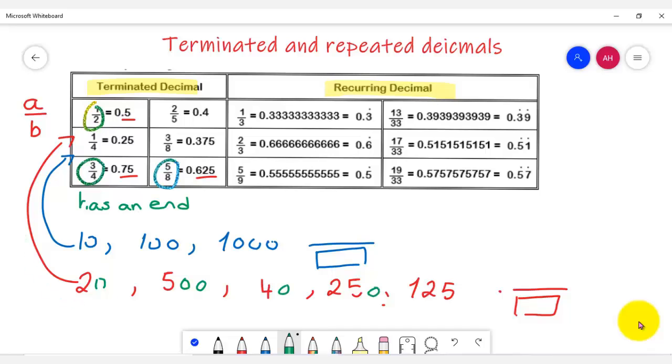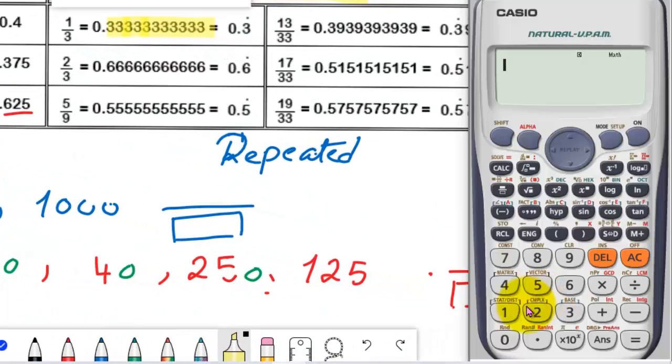Let's go now and see what a recurring decimal is. A recurring decimal is simply a repeated decimal. What is the meaning of a repeated decimal? It means that I don't know exactly where the decimal ends, and it has a number inside that is repeated an infinite number of times. So let's, for example, write on our calculator 1 over 3.